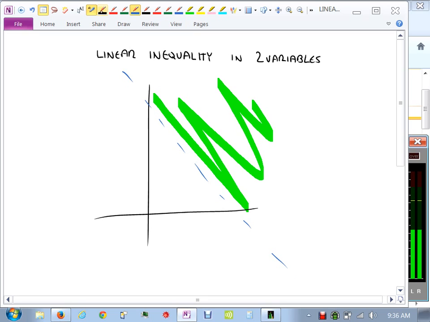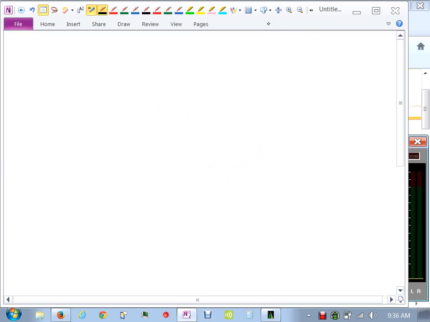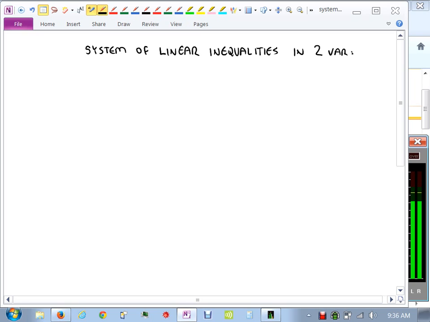I was trying to get us to do a system of linear inequalities. That's where we're going to pick up today. In two variables. So the idea here is this. I give you a system of linear inequalities.